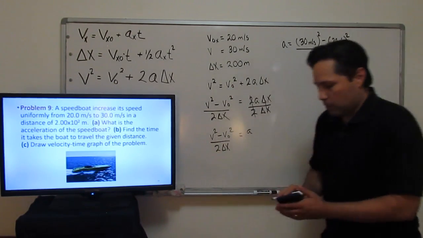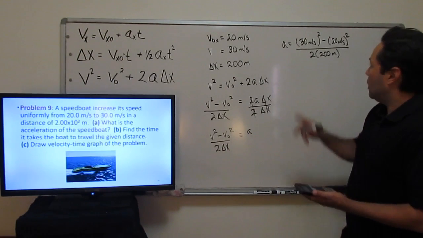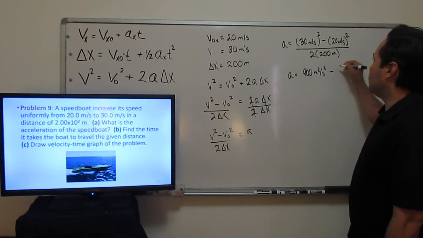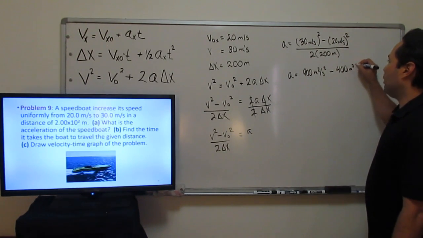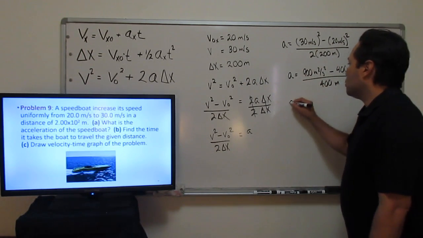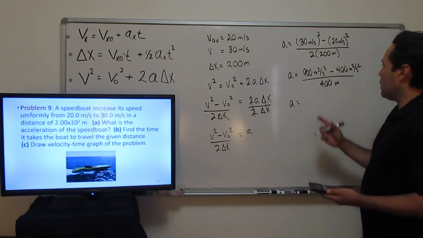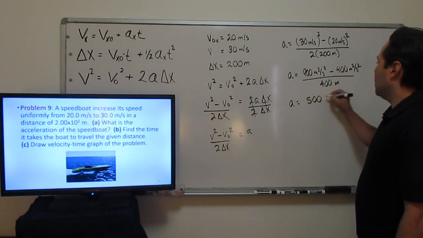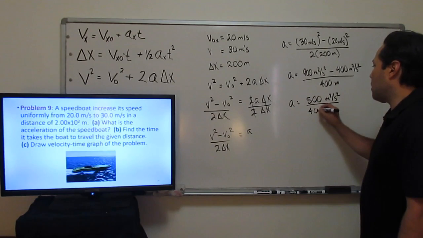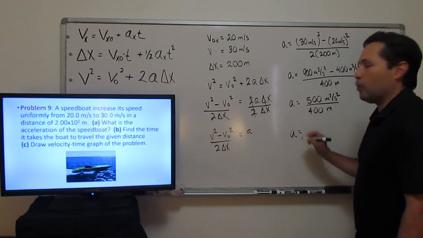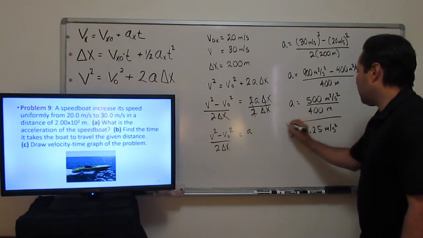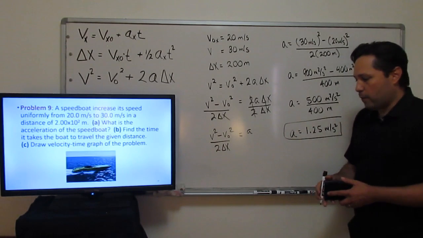At this point, you plug it into your calculator, so it would be 900 meters squared per second squared minus 400 meters squared per second squared over 2 times 200, which gives 400 meters. So 900 minus 400 gives me 500 meters squared per second squared over 400 meters. Our answer for part A is 1.25 meters per second squared. That takes care of part A.